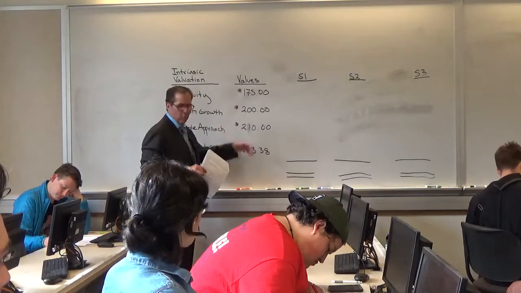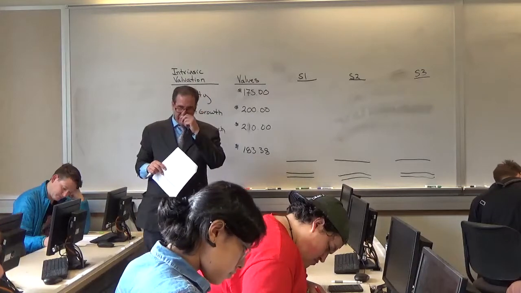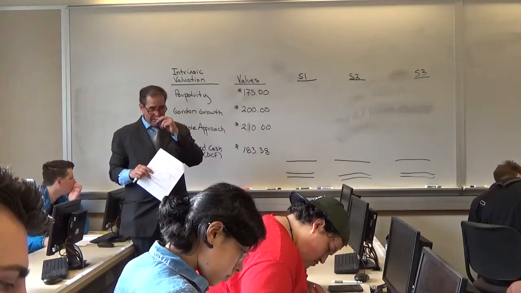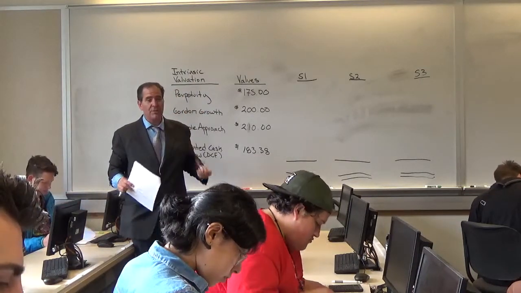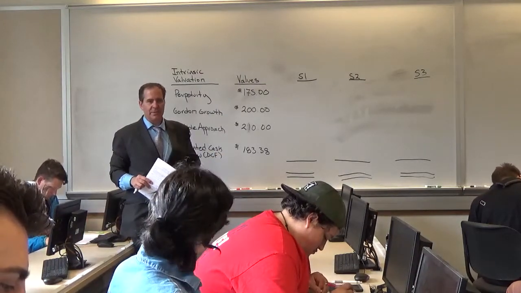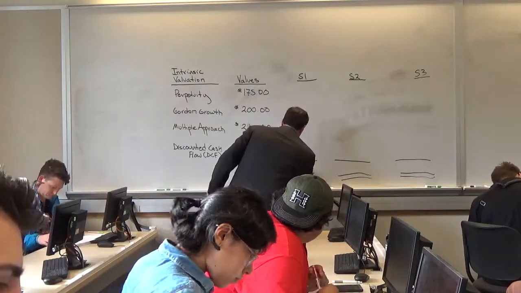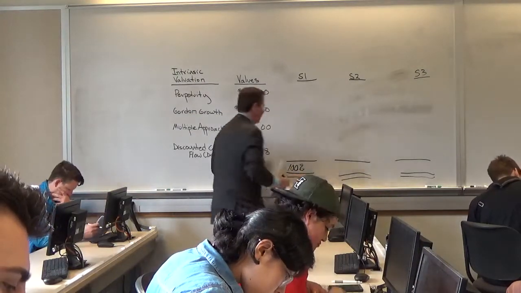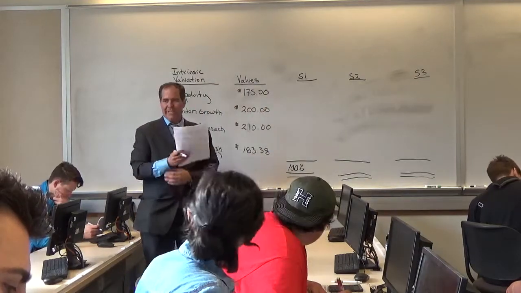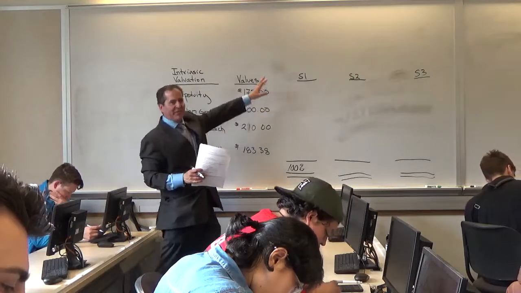If you were going to weight these methodologies, which ones would you weight the most, and which ones would you weight the least? Which ones are the most accurate? Multiple approach and DCF. Everything has to add up to 100%. What would be your weighting sensitivity under the first scenario?